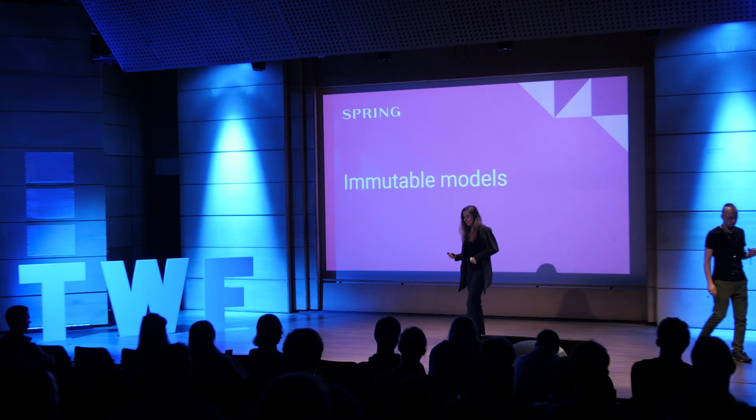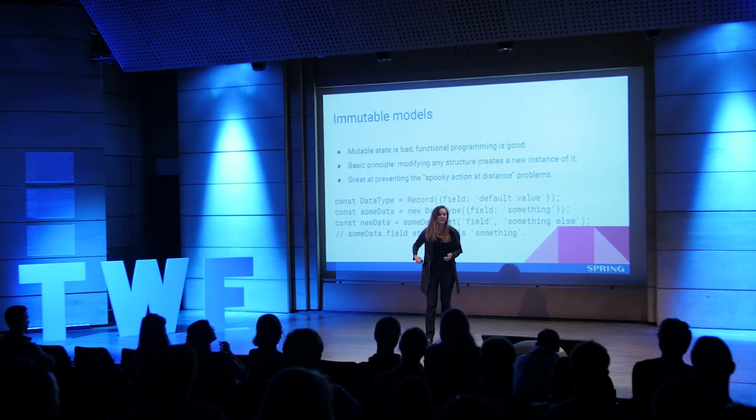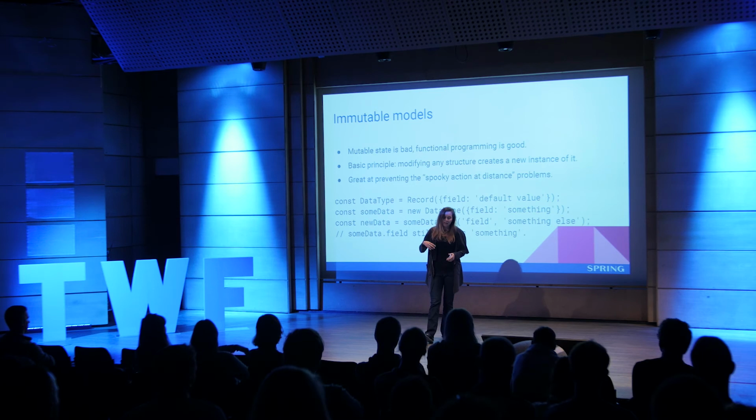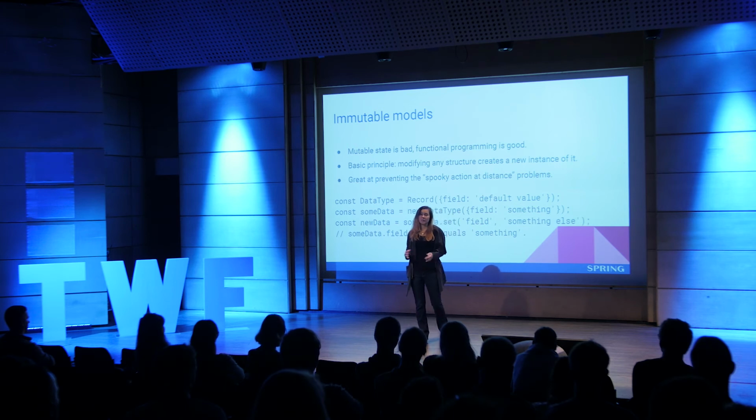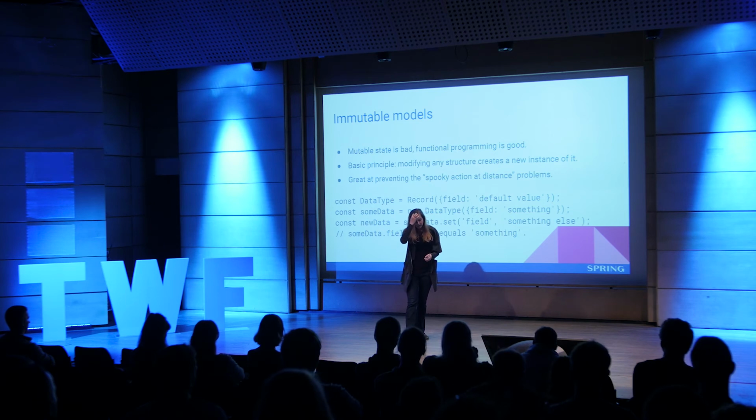Yeah, so Bartek already mentioned that Flux works very well, in our case, with immutability. And so what immutable actually means is a very simple concept: once you create data, it cannot be modified. Whenever you try to change the structure, a new structure is created that is, again, immutable. Why is it so important? We will see just in a second.